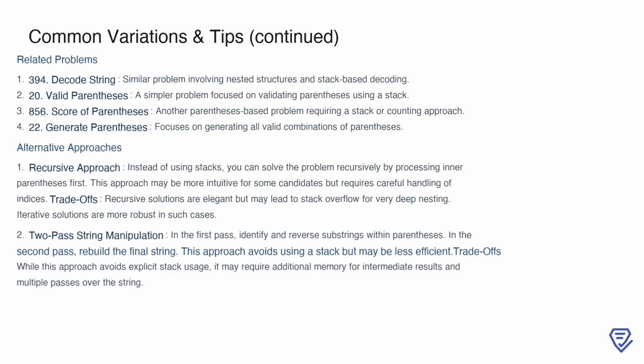The first pass identifies and reverses substrings within parentheses, while the second pass rebuilds the final string. While this avoids explicit stack usage, it might require additional memory in multiple passes, which could impact efficiency. Each approach comes with its own trade-offs, so it's important to weigh them based on the problem constraints.